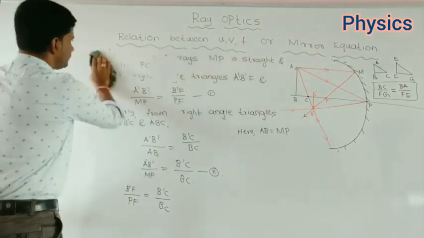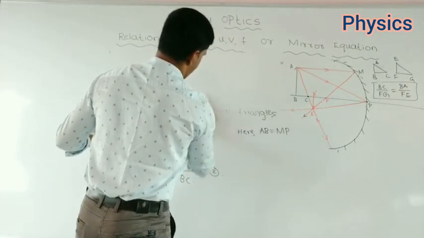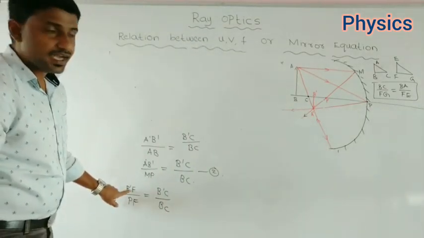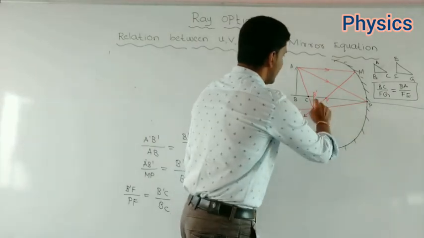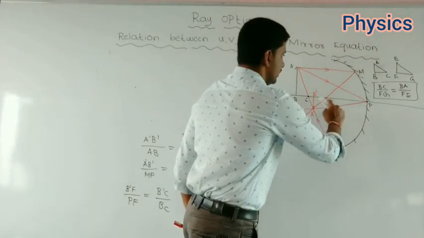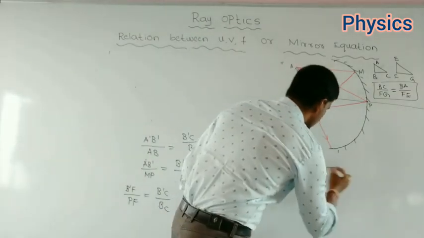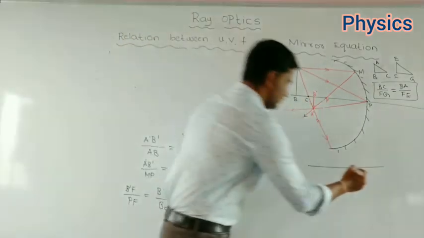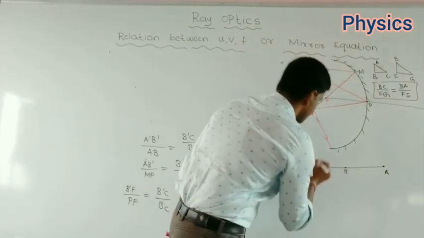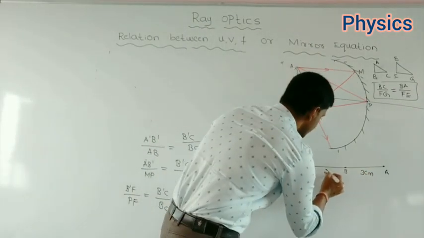Now in the next step, how can I write B dash F? I can write B dash F as PB dash minus PF. Suppose I take one straight line with 3 points A, B, C, where AB is 3 centimeter and BC is 2 centimeter.